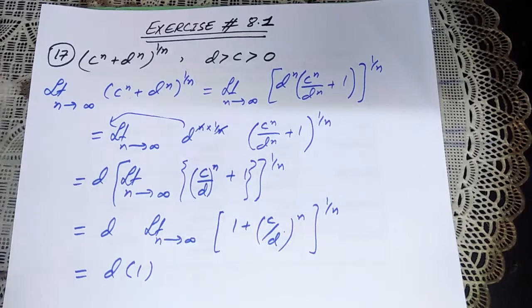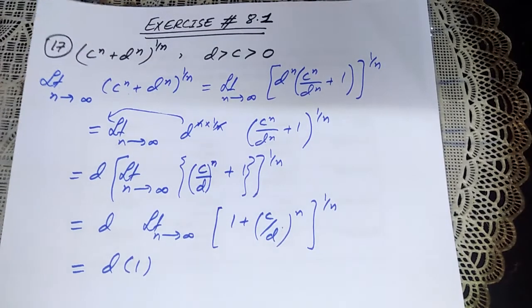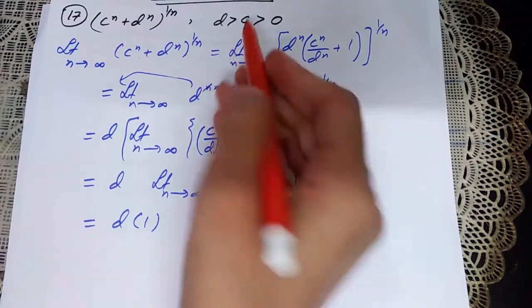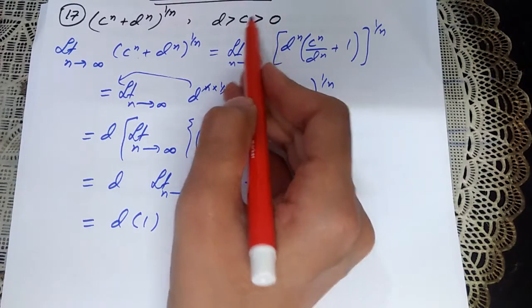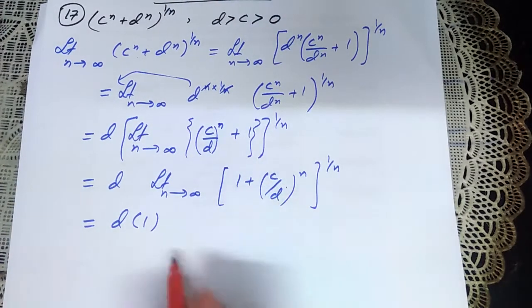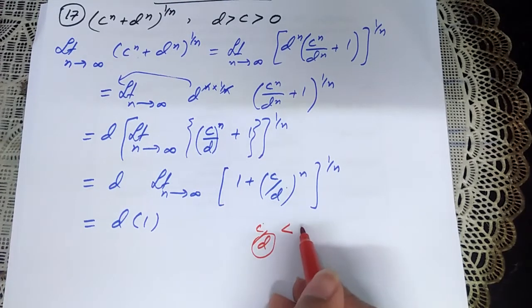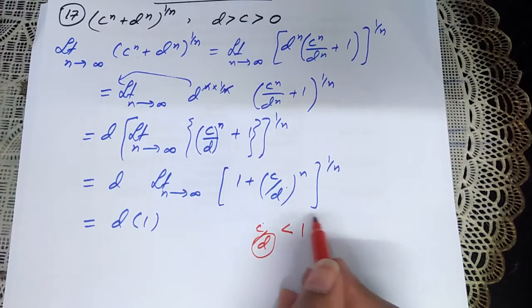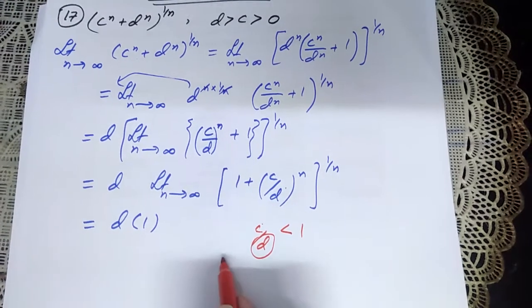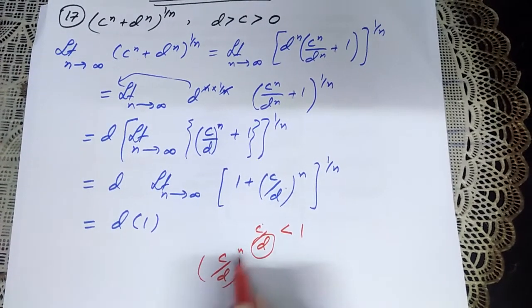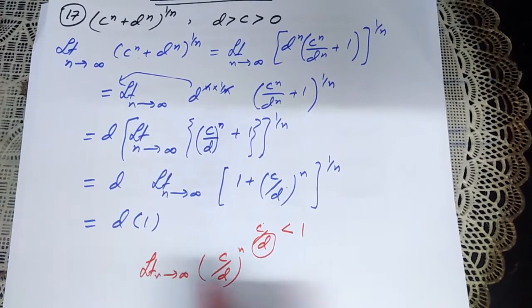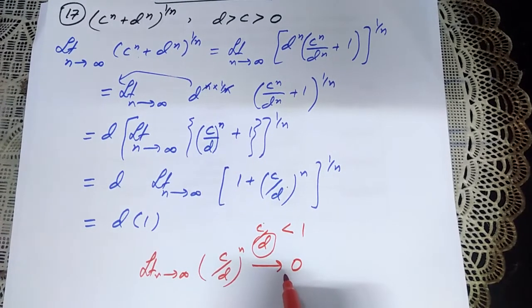How? It is given that d is greater than c is greater than 0. It means their ratio, c over d, since d is greater than c, will be less than 1. Since it is less than 1, if we take its power n and limit n approaches infinity on it, this will converge to 0.